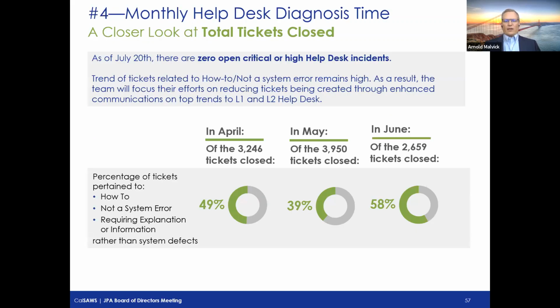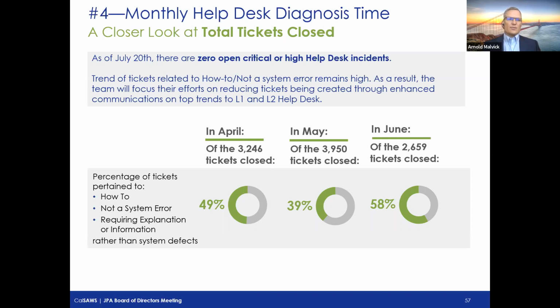The other trend that we were looking at is those tickets that ended up being how-tos, or not a system error, or where an explanation or information was required. What we still see is that a high percentage of our closed tickets still fall into that category.